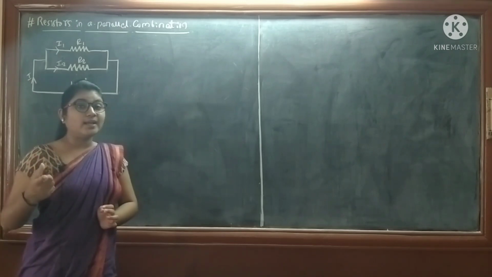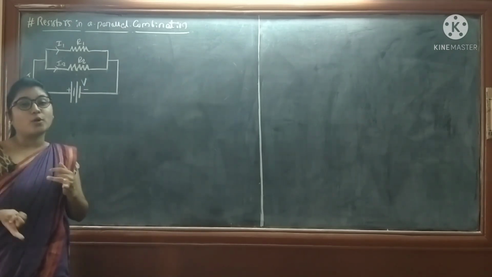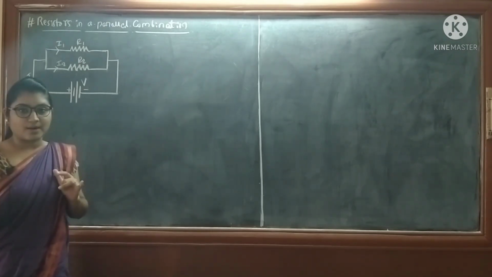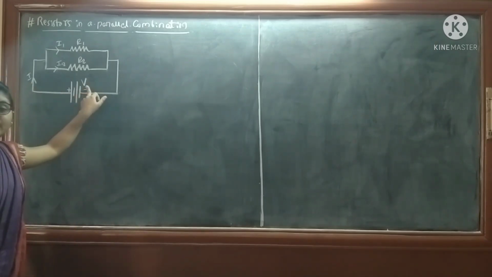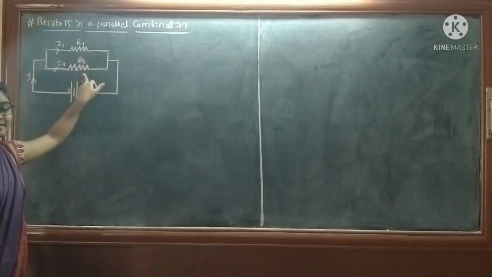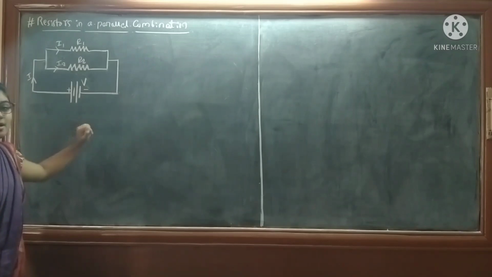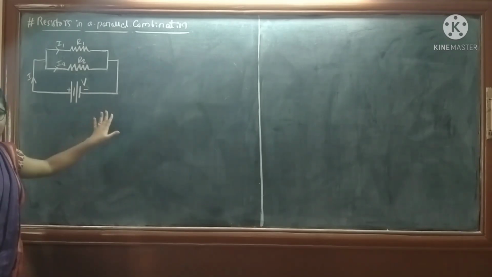There, in the series combination, the current was the same but the potential difference was different; we considered V1 and V2, right? But here the potential difference is constant for the two resistors, but here the current will change, that is I1 and I2, correct? Yes, this is about the diagram. So some lines I will write here, whatever I explained now.